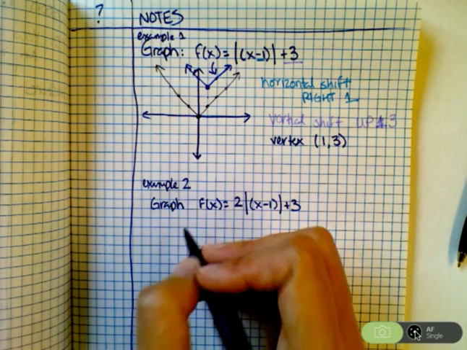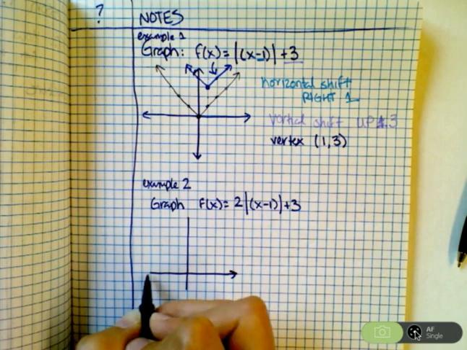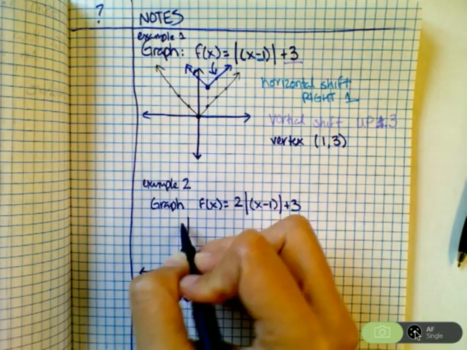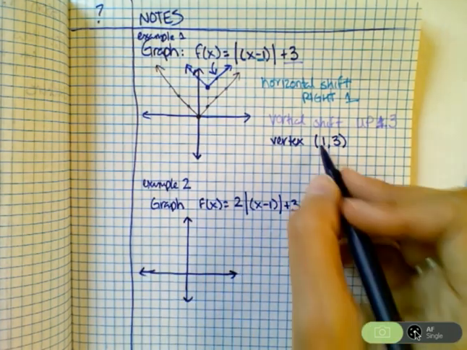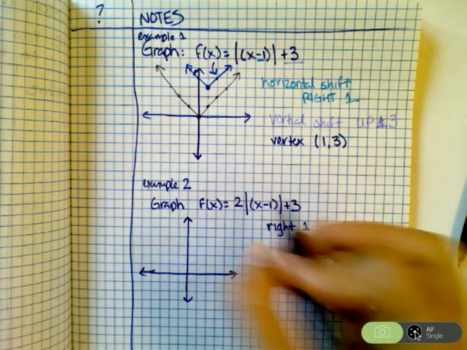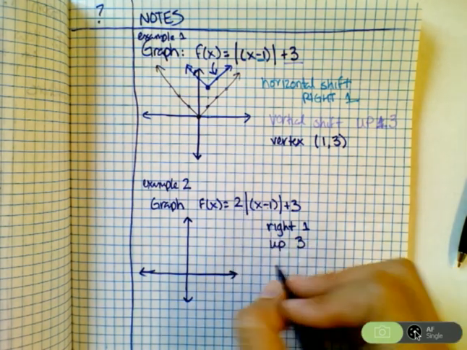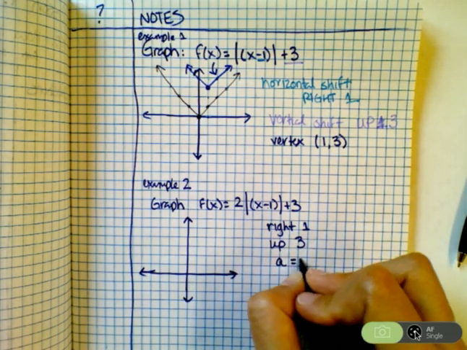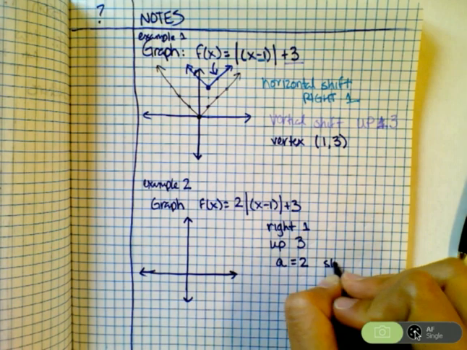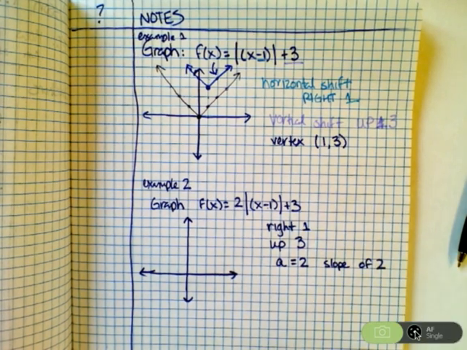So when we go to graph that one, draw my grid in again. So my vertex, I move right 1, again from this minus 1, I move up 3, and then I have my a of 2. So I think of that like my slope of 2.